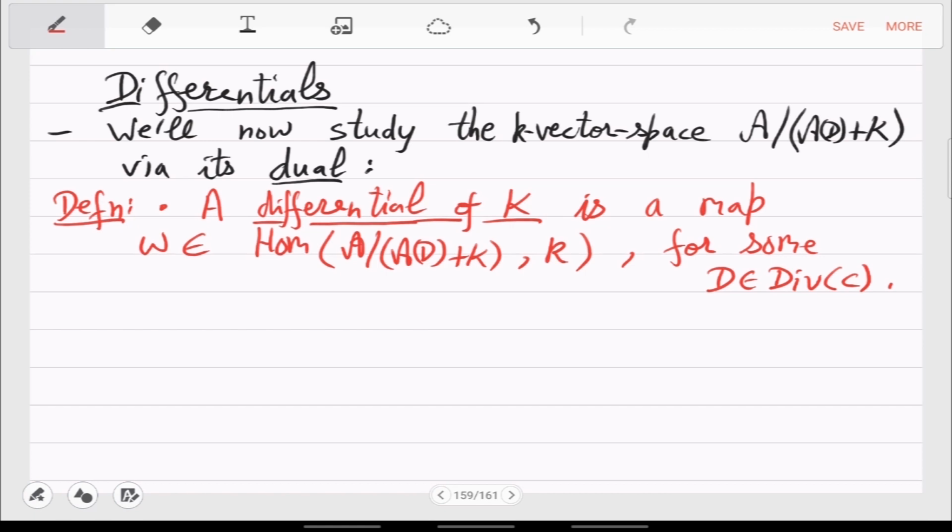So for that you have to recall that a differential in the sense of derivative, for example dx or dy, those things are also seen as linear maps on the tangent space, right? So tangent space is also kind of a basic sheaf.